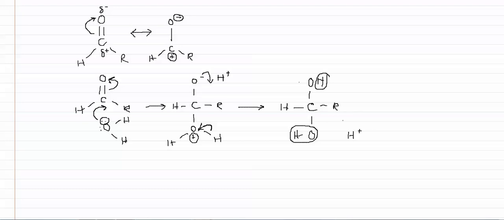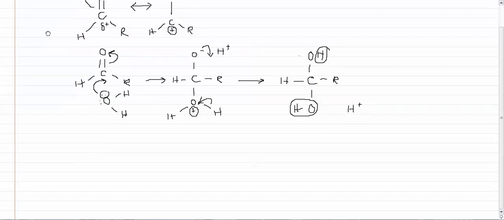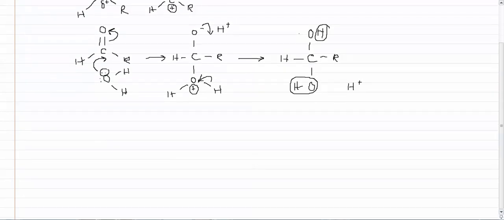So let's just move the page down so we have a bit more space, and I can show you an example with another carbonyl group and a different nucleophile. So let's imagine now that we have a ketone to start with.